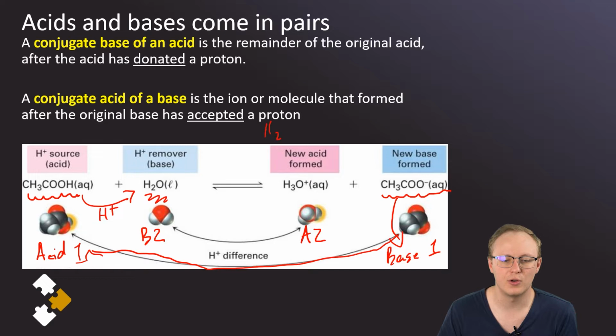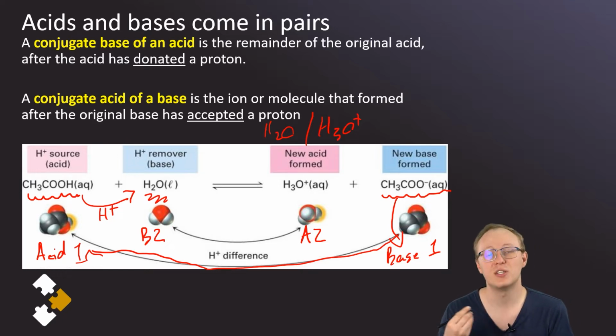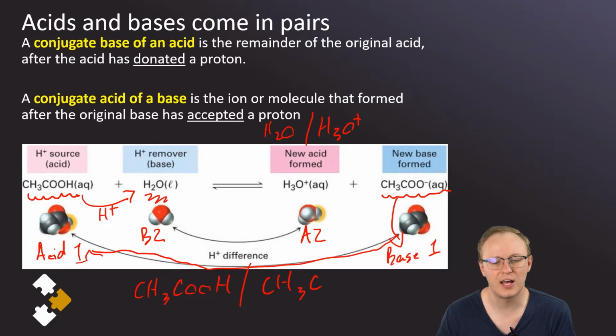So the H2O and the H3O+ is a conjugate acid-base pair, where the H2O is the base and the hydronium is the conjugate acid. And then the ethanoic acid and the ethanoate ion is the other conjugate acid-base pair, where the ethanoic acid is the acid, and the ethanoate ion is the conjugate base.